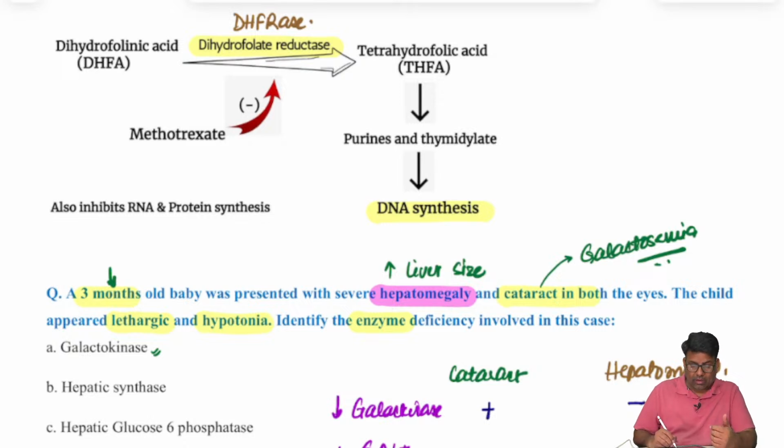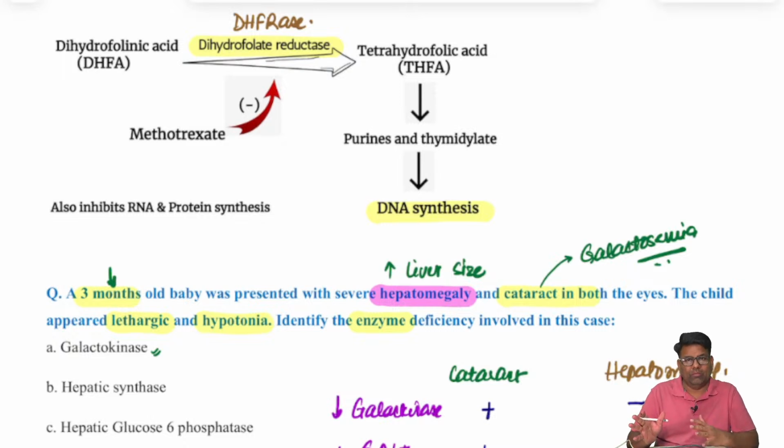But in a case of galactosemia because of the deficiency of galactose 1-phosphate uridyl transferase, you will find both. Therefore, looking at the question, I think it's very easy for you to see what the answer will be here. We have a case with hepatomegaly and cataract.